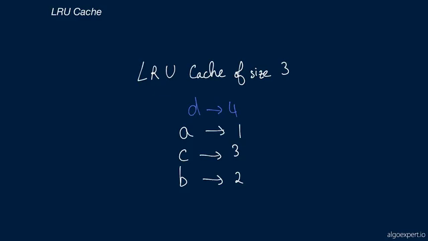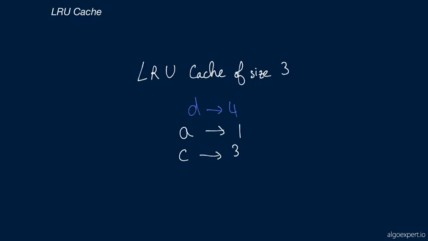But because our LRU cache has a maximum capacity or a maximum size, which is 3, and we already had 3 key value pairs in the cache, we would have to get rid of or evict the least recently used key value pair, which would be B mapping to 2 here. So we would grab B and just get rid of it, dispose of it so we can erase it.